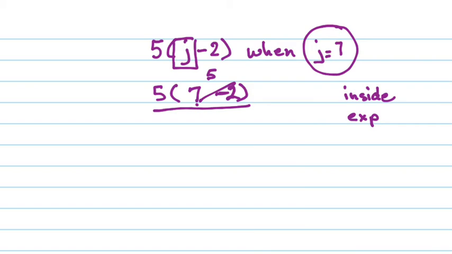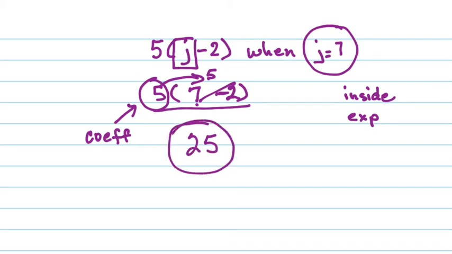Okay. No. And then last, I look for this coefficient or multiplier. Remember, this is a coefficient too. Coefficient just means multiplier. It means the number to multiply in front of anything. It doesn't have anything to do with just the algebraic expressions. Coefficient always means multiplier. Okay? So we're going to take that 5 times the 5 that we have inside, which of course is going to give us 25 as our answer.